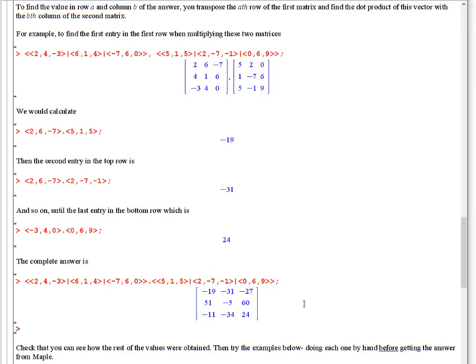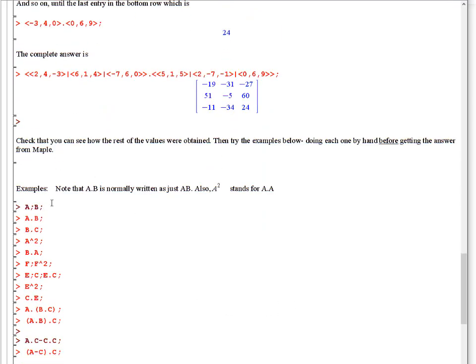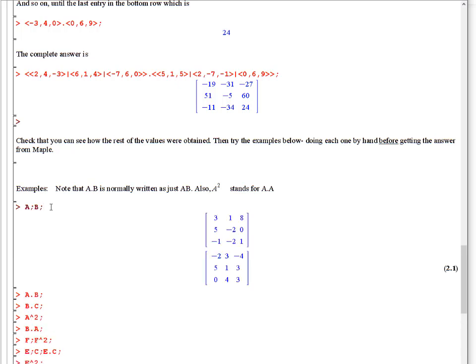Right, it's back to the notes. So you should be able to do all of these. So here's some examples. I just stated there's A and B again. So E, as it says here, A dot B is not usually written as dot. That's just the Maple command. It's usually just written as AB. So if you're looking at textbook notes or so on, or articles, it'll just be written AB.